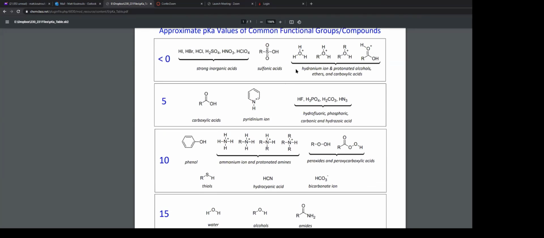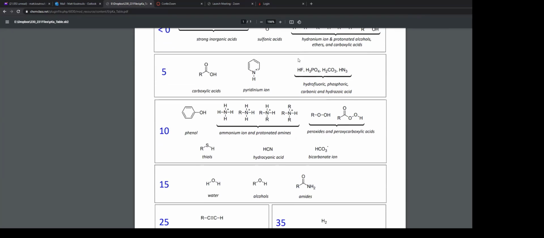Now remember how 0 we said protonated oxygens where the oxygen was plus? You'll notice you have the same idea here with nitrogens. The only one that was special was pyridinium. And you don't need to really know its name, but anyway. Don't worry right now about peroxides or peroxycarboxylic acids. They're not really important.